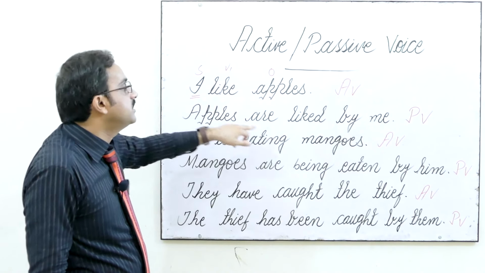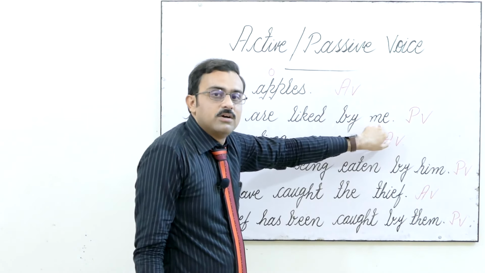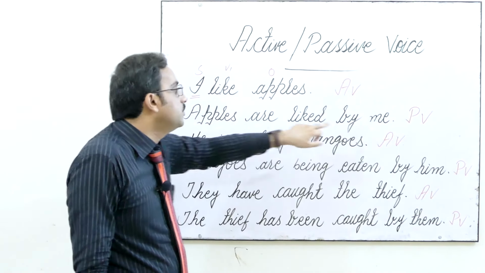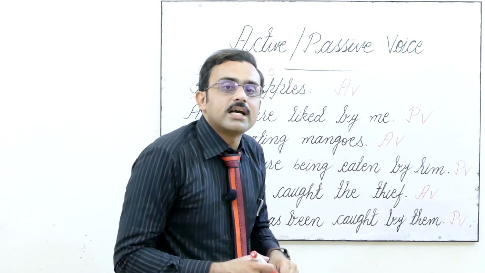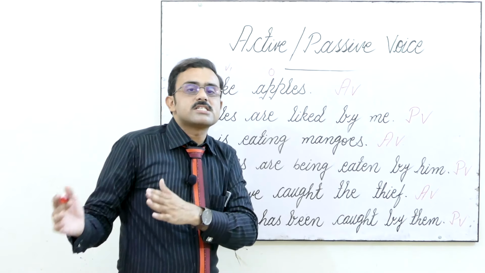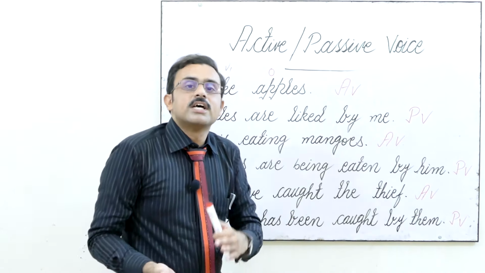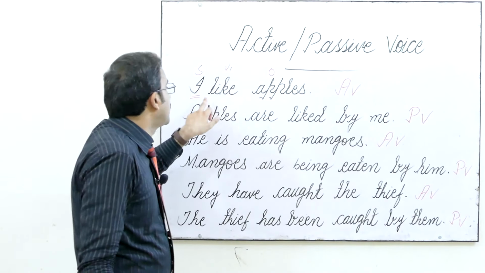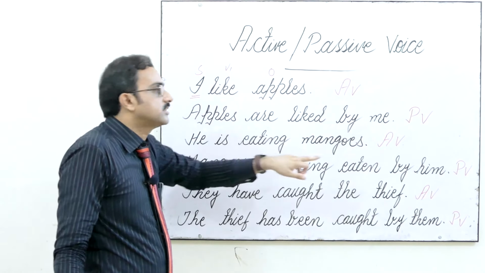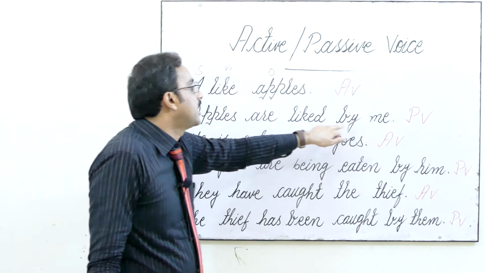It was changed into third case, me. Okay, I changes into me. Got that? As I have told you that there are different cases of pronouns. First one is your subjective case, and then your possessive case, and then your objective case. So I is your subjective case, it changes into your objective case, me. Apples are liked by me.